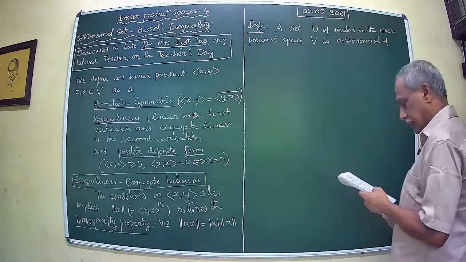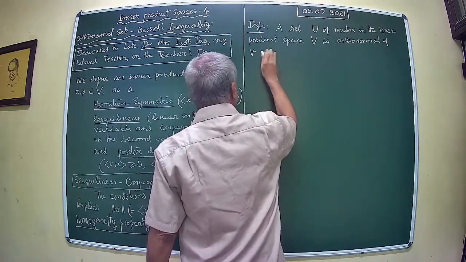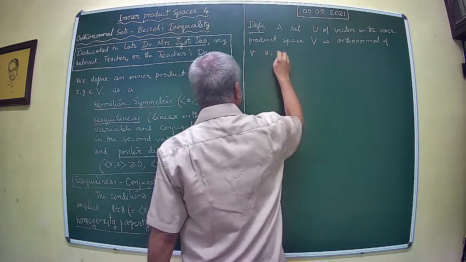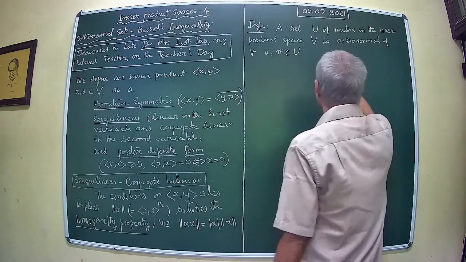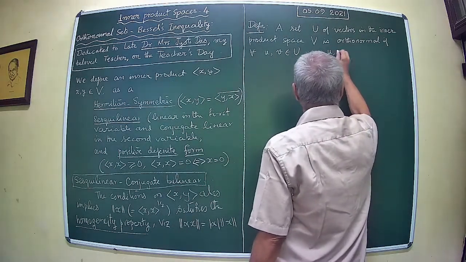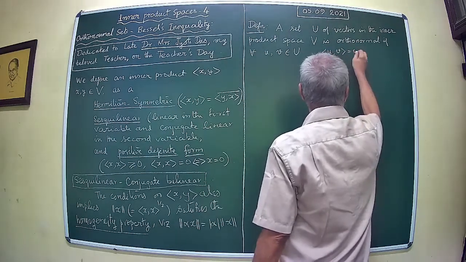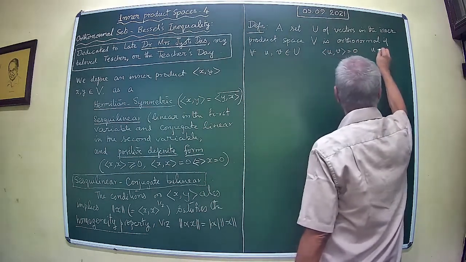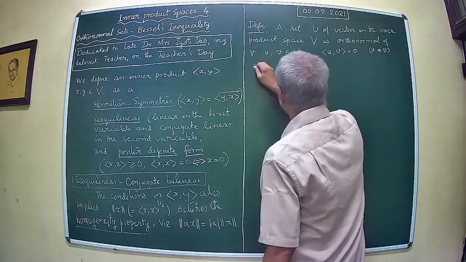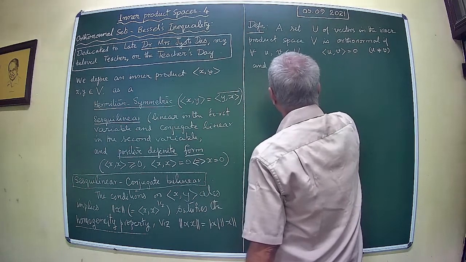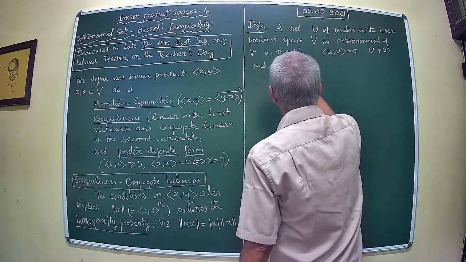That is namely for every u, v belonging to U, the inner product of u, v is equal to 0 whenever u is not equal to v, and the inner product of u with u is equal to 1.